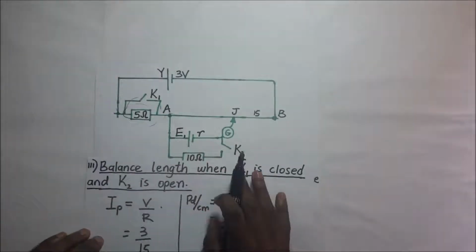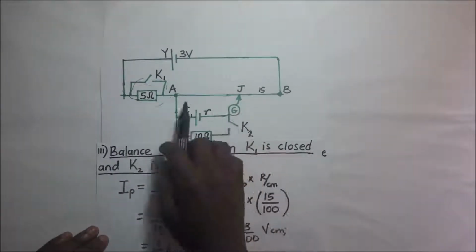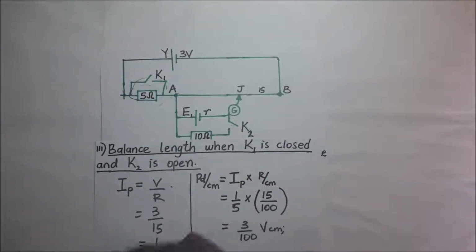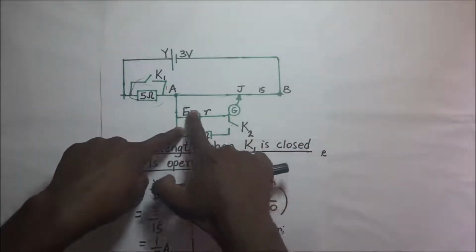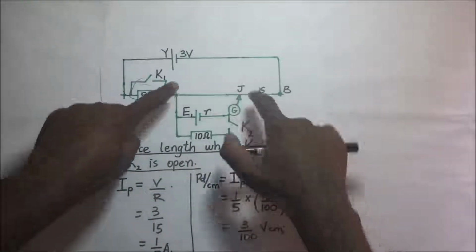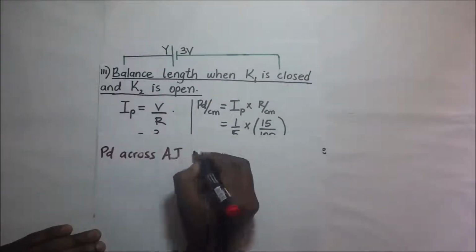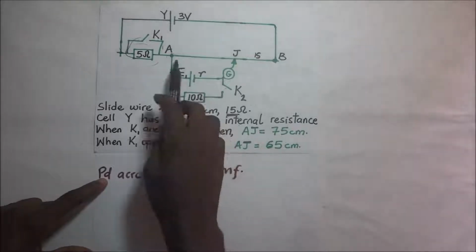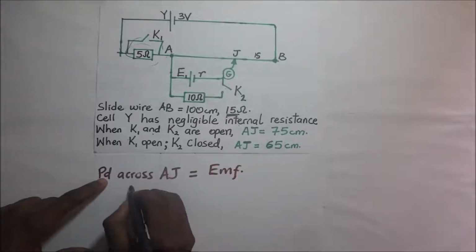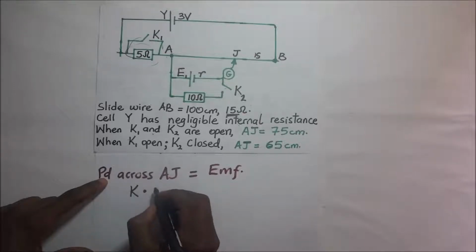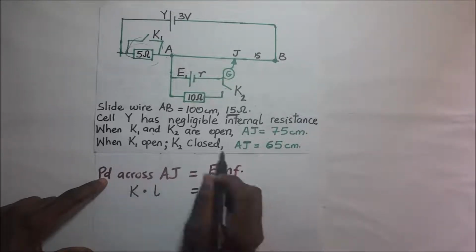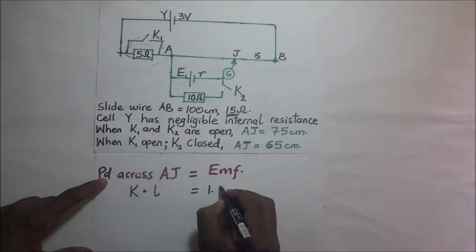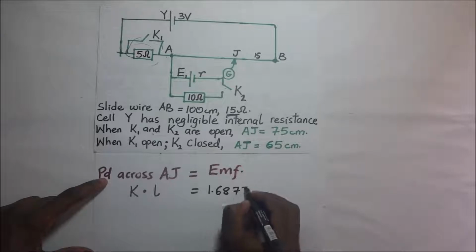Now that we've got the new PD per unit length as a result of closing K1, we can go ahead and find the new balance length when K2 is open. So we know that when K2 is open, the EMF of this cell should be equal to the PD across that balance length, the PD across AJ. We get it by the PD per unit length multiplied by the balance length, which is equal to the EMF of that cell. We got the EMF in the first part of the question as 1.6875 volts.